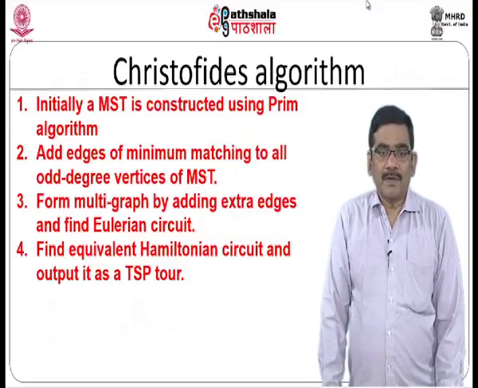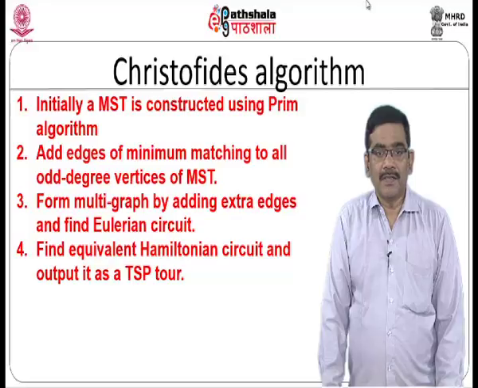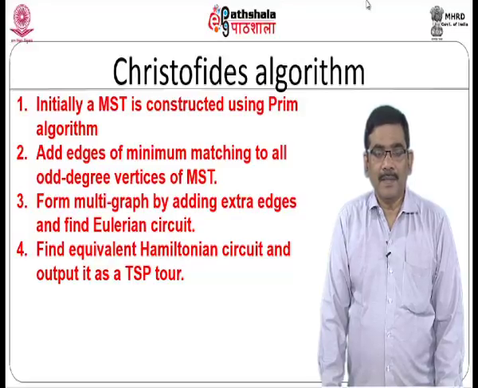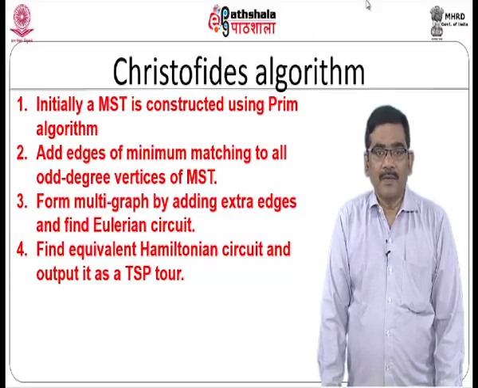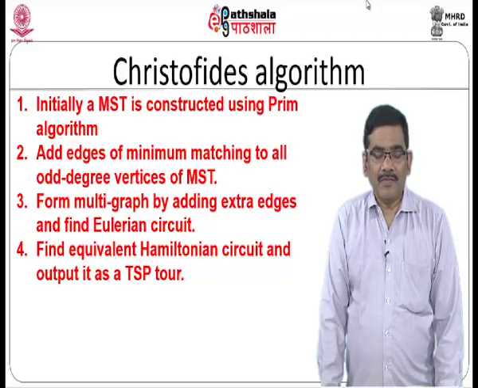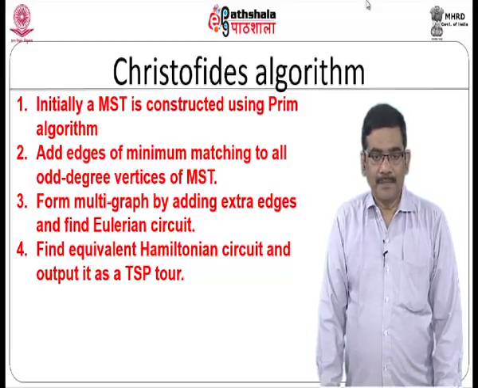The third algorithm is called the Christofides algorithm, which is similar to the algorithm which we discussed in the last module. This is also based on the concept of a minimum spanning tree. You are given a graph, so you try to construct a minimum spanning tree. This can be done using either Prim's algorithm or Kruskal's algorithm.